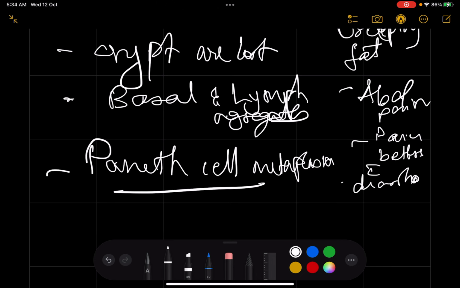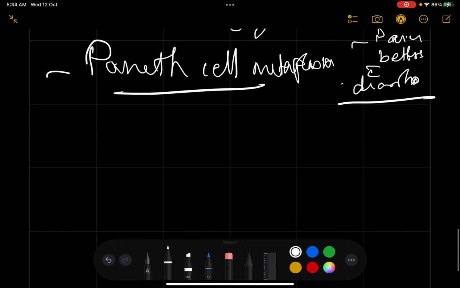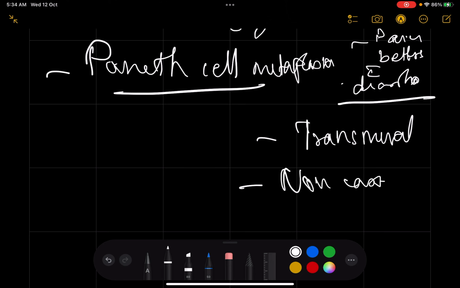So what next after the cobblestone and the creeping fat pattern? What is the microscopic involvement of Crohn's? Well, Crohn's is a transmural involvement, so that means all layers are involved. And we have non-caseating granulomas. Now, it's not necessary that caseating granulomas are seen only with TB, so keep that in mind.